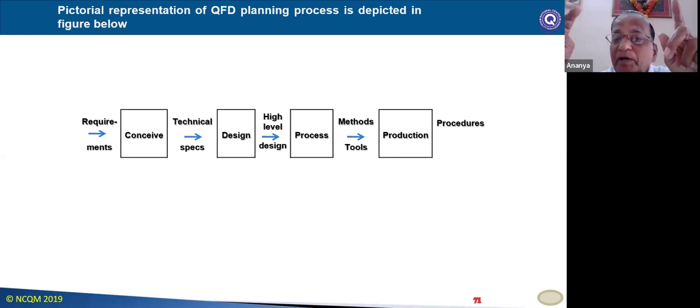Design applications are converted into the manufacturing process, and manufacturing is converted into actual production, and then the testing. So this way the cycle moves. Right now it looks very simple, but it's quite complicated, because many times customers' inputs are very vague.